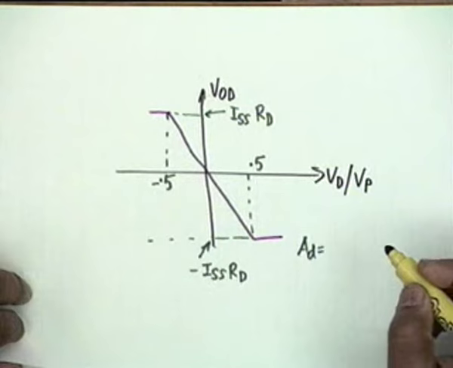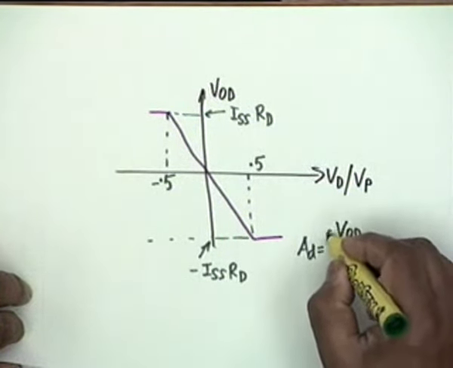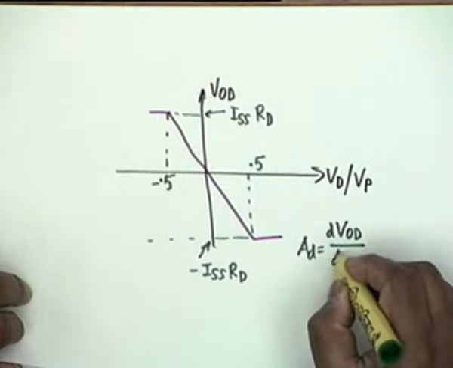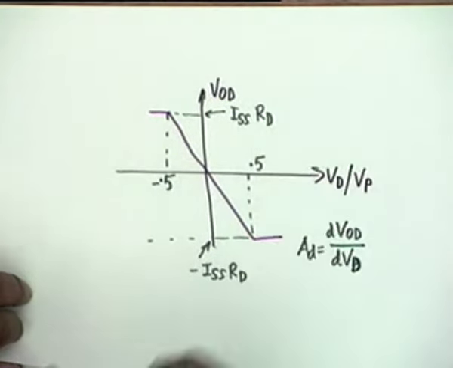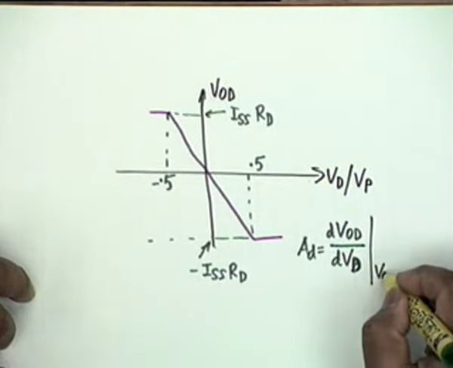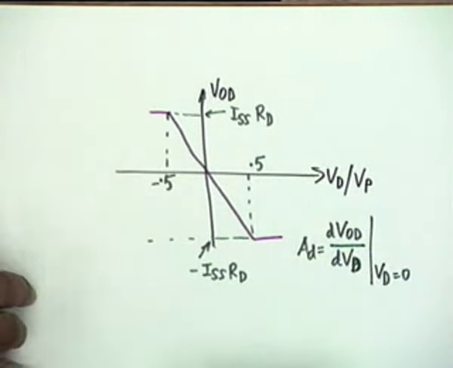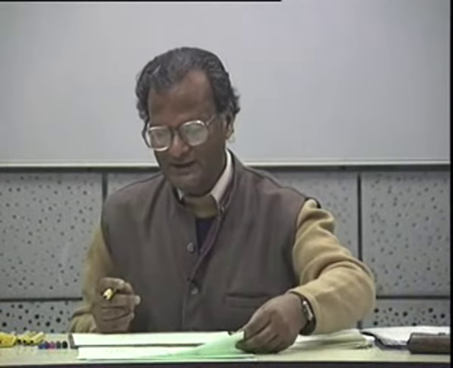And yes, any question? Okay, therefore we can find out the gain. Now, how to find the gain? AD would be, by definition, dVOD divided by dVD, and since this curve is approximately linear, we evaluate at VD equal to 0. Okay, and if you do that, let's take the expression.